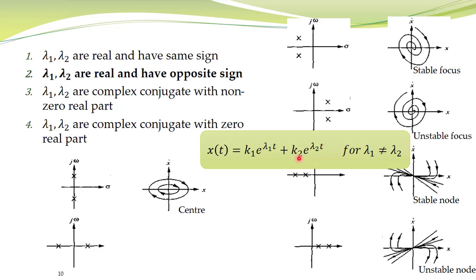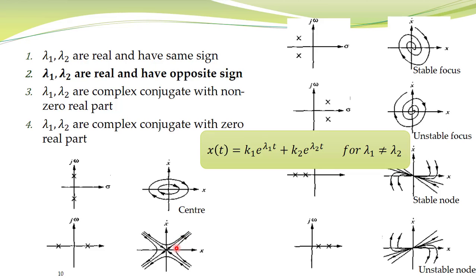In that case, what will be the situation? Trajectories will converge to the equilibrium point, that is at origin. So for all other initial conditions, trajectories will become unbounded. For certain initial conditions, the trajectories will converge to origin. So that is situation over here. I think it is visible. For certain initial conditions, these are represented by these straight lines.